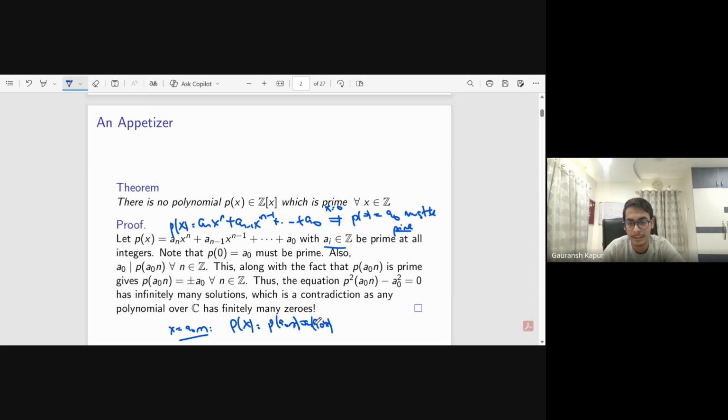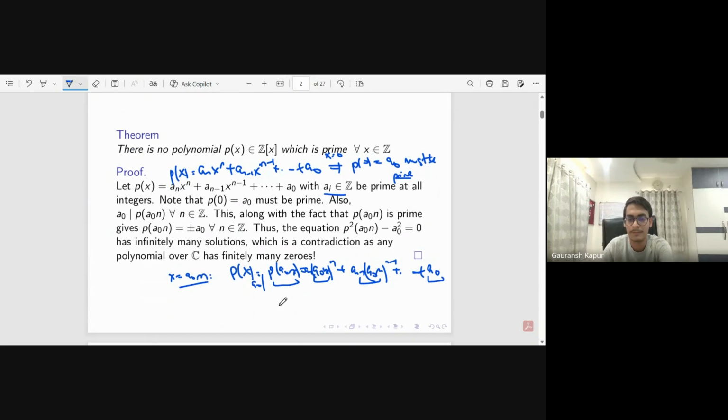Because the first term is a_n (a_0 m)^n plus a_{n-1} (a_0 m)^{n-1} plus so on, and the last term is a_0. So each term is divisible by a_0, which means that the entire quantity p of a_0 m is divisible by a_0. But we're assuming that it gives prime values for everything. So p of a_0 m must be plus or minus a_0 for all m in Z. Otherwise, it would be a multiple of a_0 and it would contradict that this is prime.